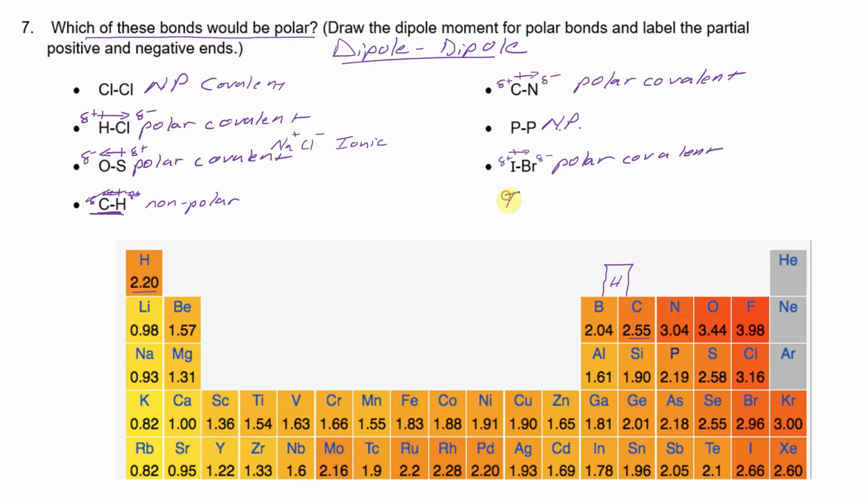Versus if I had IF, now there's a bigger difference in electronegativity. I might want to draw a bigger dipole vector, right? Because that's really what that's supposed to represent. And now the separation of charge is going to be quite large. This one would not only be polar, it would be more polar covalent because there's a bigger difference in electronegativity between its atoms. So you can imagine if there was another one near it, it might have a slightly different interaction.